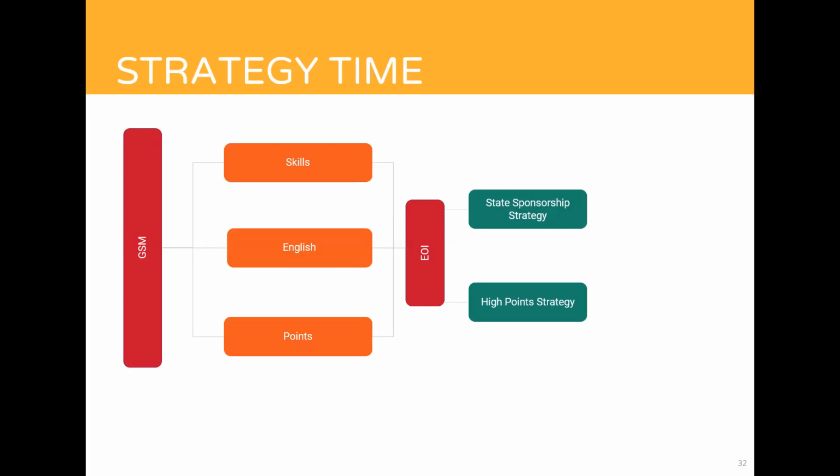Now, the alternative is the state sponsorship strategy, which, as we discussed before, is required for those with occupations on the STSOL and the ROL who will move forward to the 491 or the 190 visa.